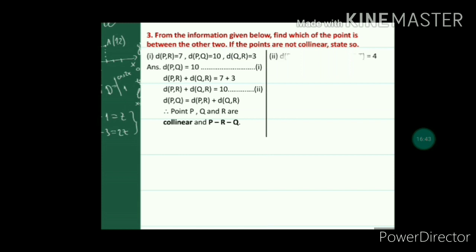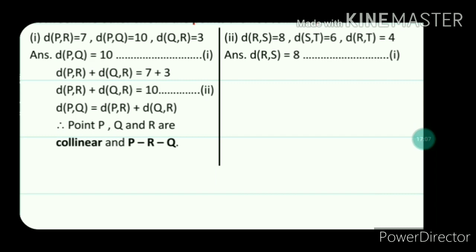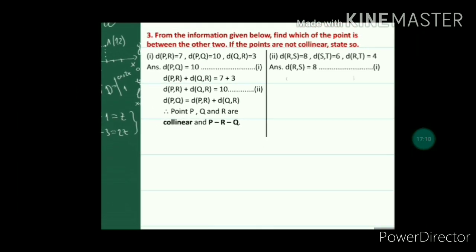Another example is, given distance of RS is equal to 8, distance of ST is equal to 6, distance of RT is equal to 4. Distance of RS is equal to 8, greatest distance. Distance of ST plus distance of RT is equal to 6 plus 4.